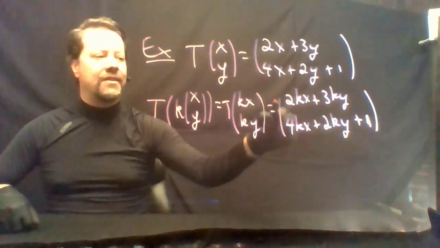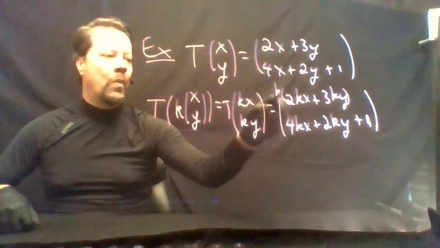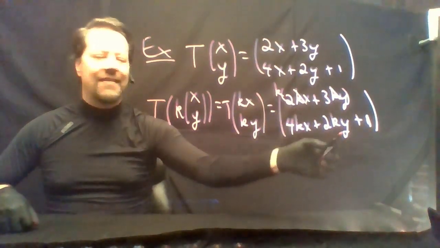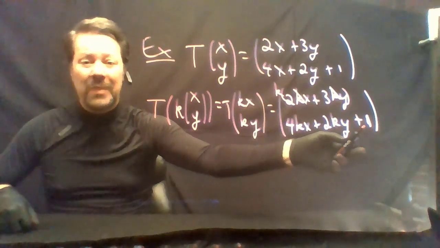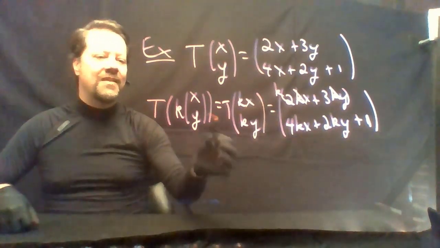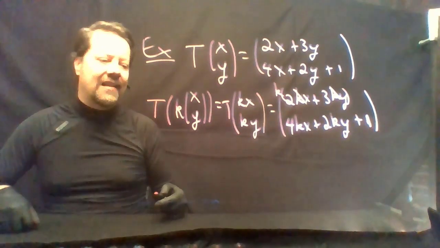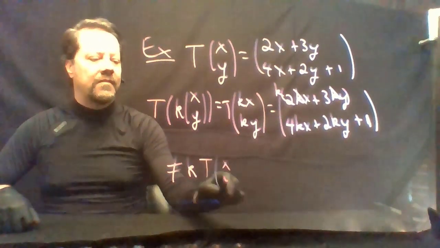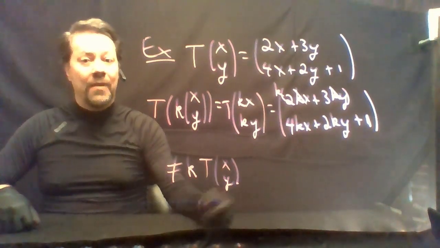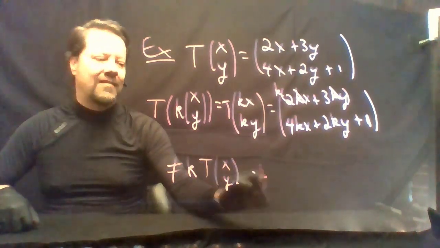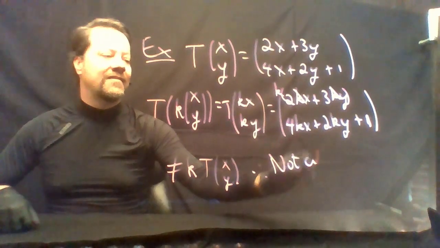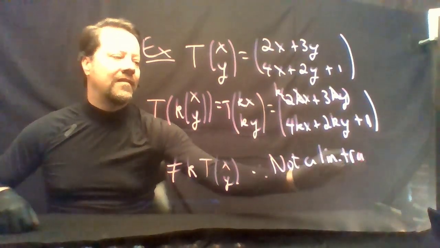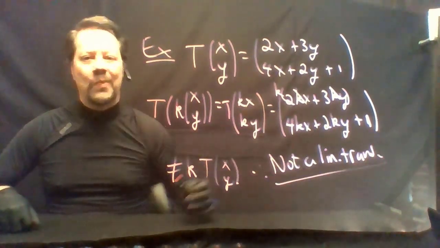Now, while you can factor k out of the first coordinate, you can't factor k out of the second coordinate because of the +1, which means you can't factor k out of the linear transformation. Therefore, this is not a linear transformation. That +1 kills it.